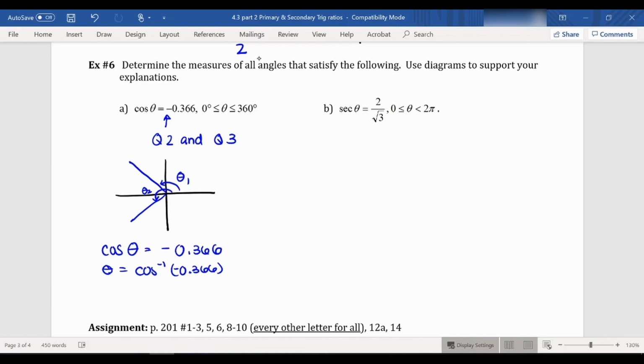We're going to end up with an angle that maybe doesn't make as much sense as we've seen before. So if I try this in my calculator, I get 111.46, so I'll say 111 degrees. The question is, which angle is this? Well, this would have to be theta 1.